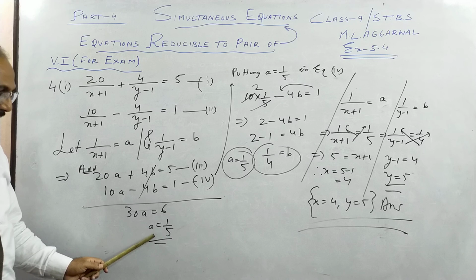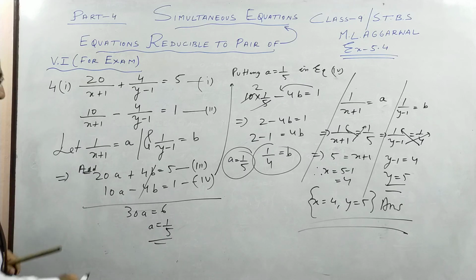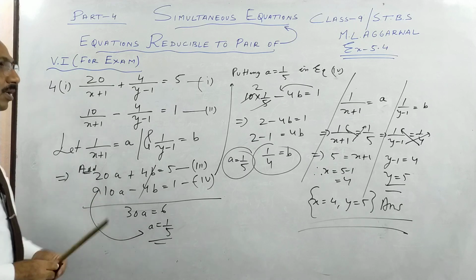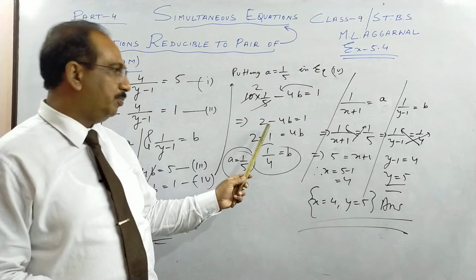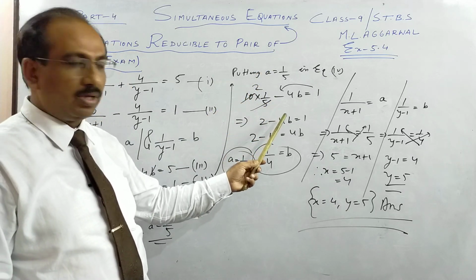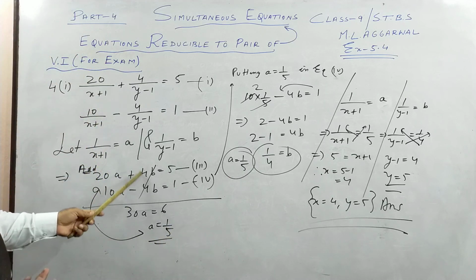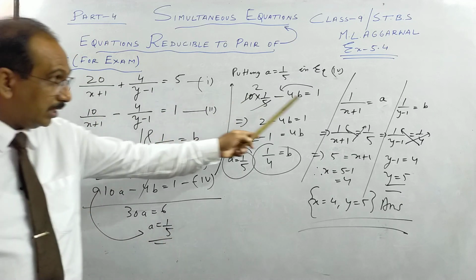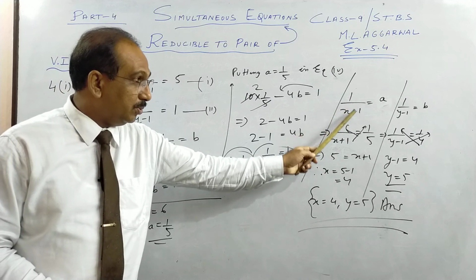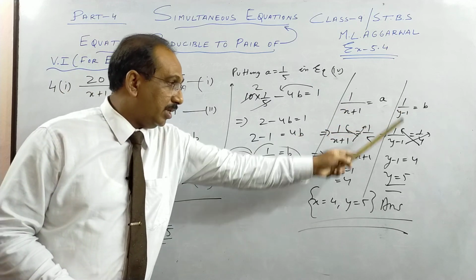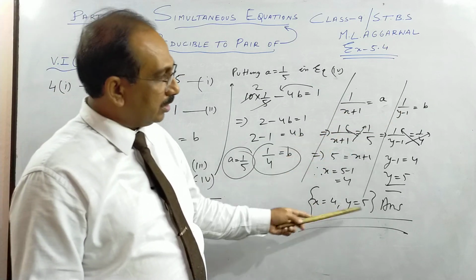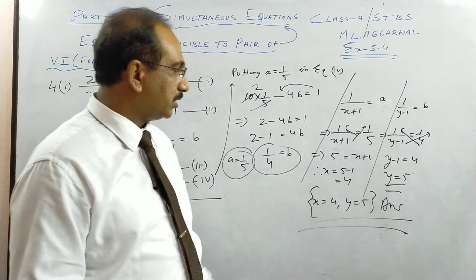So I get A, and I put A's value in equation 4 and get B's value. This is a simple equation in one variable. So A and B are not my answer, children. A and B were assumed by me. So I go back and substitute 1 by x plus 1 as A and 1 by y minus 1 as B, and another simple equation we get.